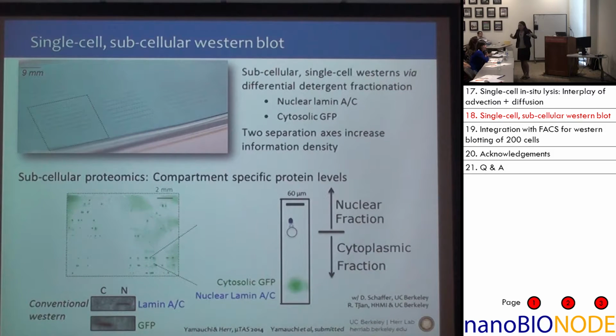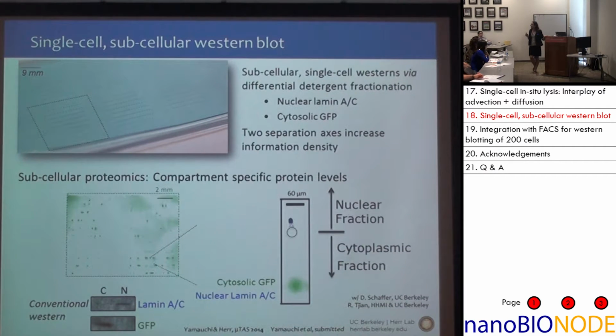We apply the potential, we take all that cytosolic protein and electrophoresis it away from the well, lock it into place with a UV light, come back, lyse the nucleus, right, that was sitting there in that microwell, and then just flip the polarity of the applied potential to drive the protein from the nucleus into this other direction. So we can get cellular compartment-specific Western blotting, right, which is pretty amazing to me because these features are really, really tiny, right?